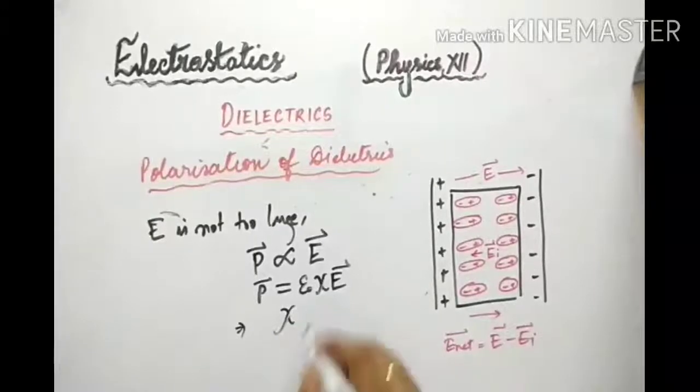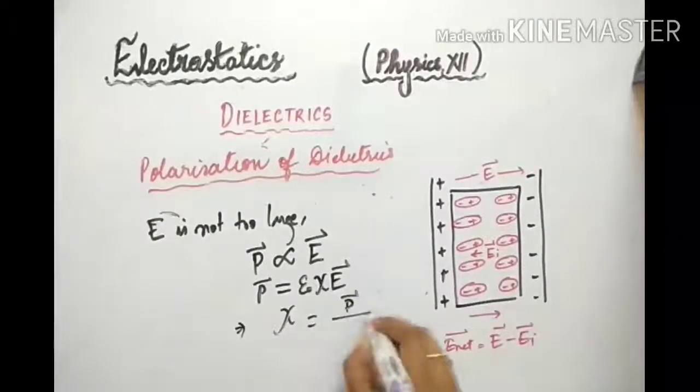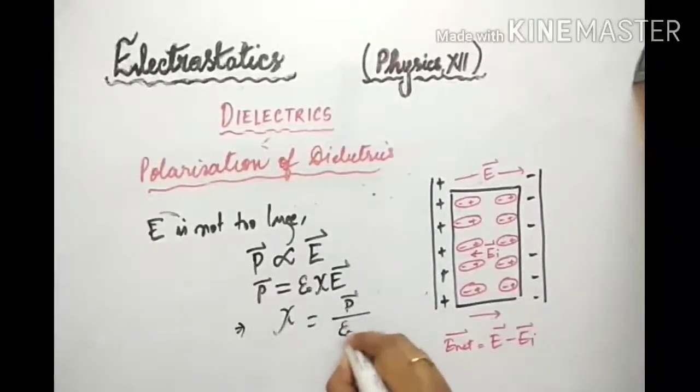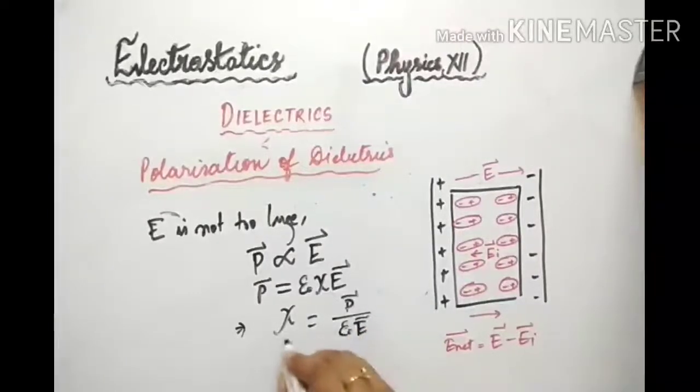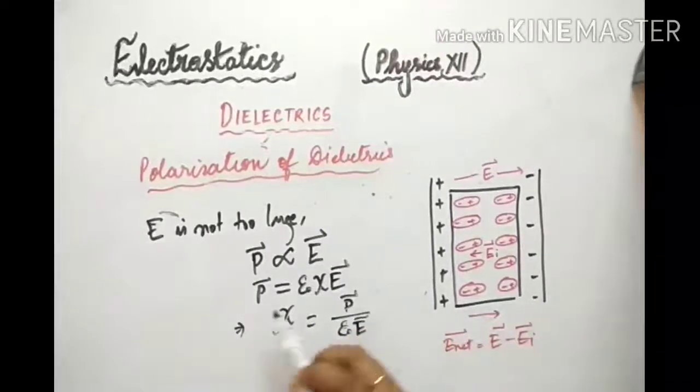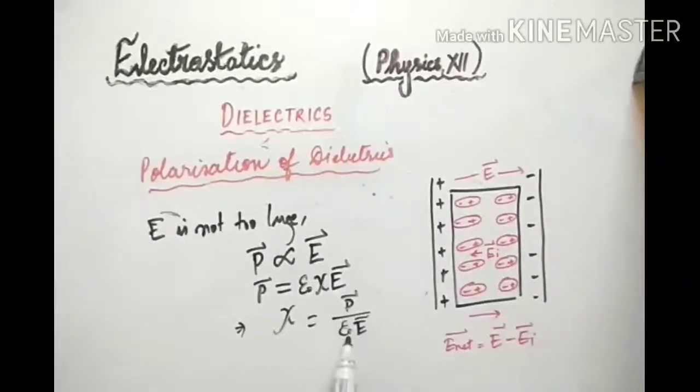This is known as chi, and in physics it is known as susceptibility. So electric susceptibility is the ratio of the polarization density to epsilon naught times the electric field.